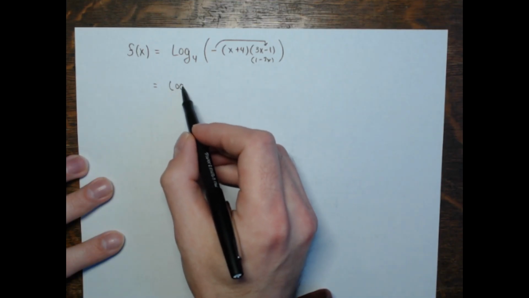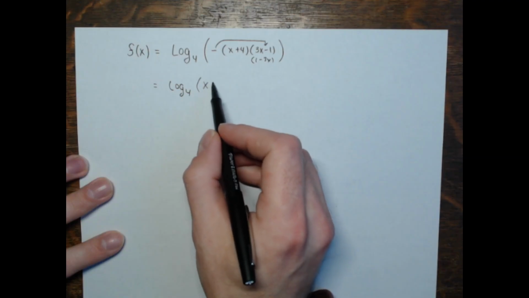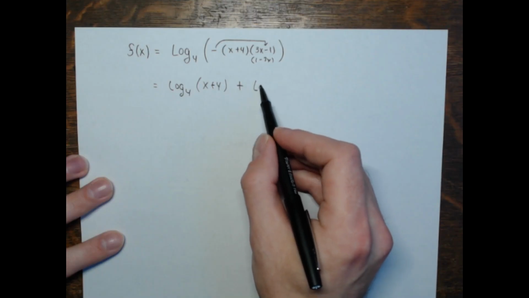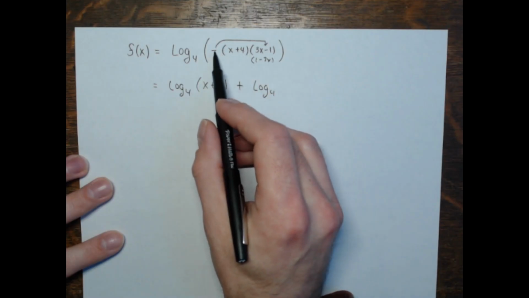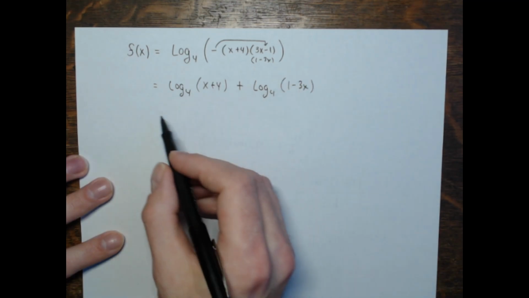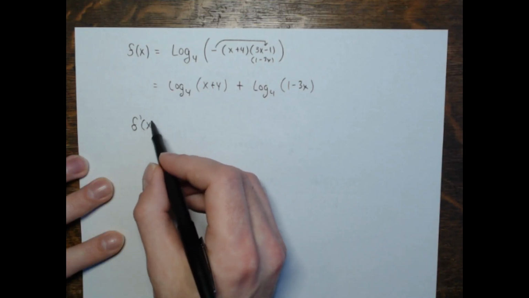So then I split it up, do the log base 4 for the first factor, plus the log base 4 of the opposite of 3x minus 1, so 1 minus 3x. And now I'll just go term by term here.